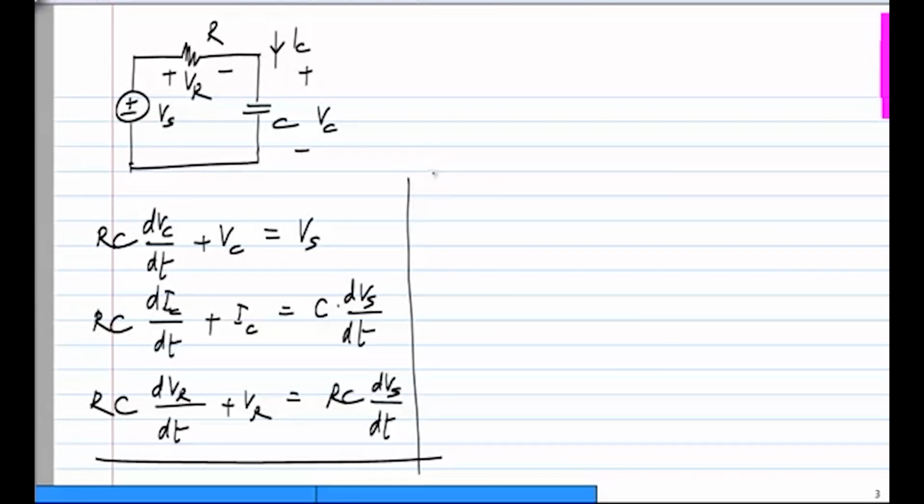If we set Vs equal to 0, that is the source free case, then the right hand side will be 0, 0 and 0. So you can see that the differential equations are exactly the same if the right hand sides are 0, only the variables are different.